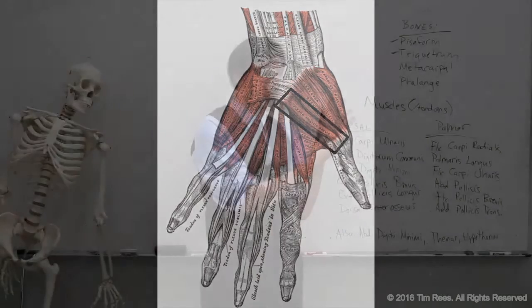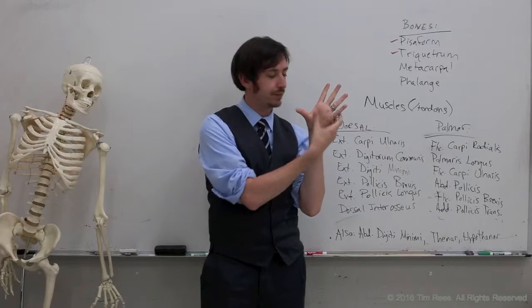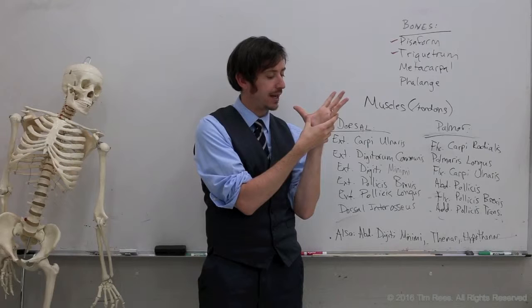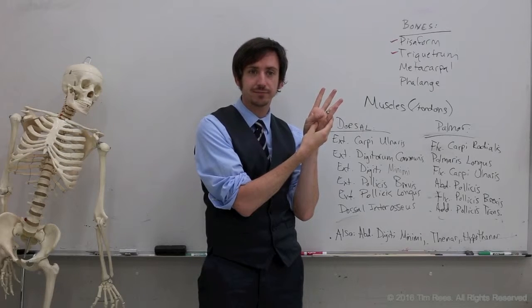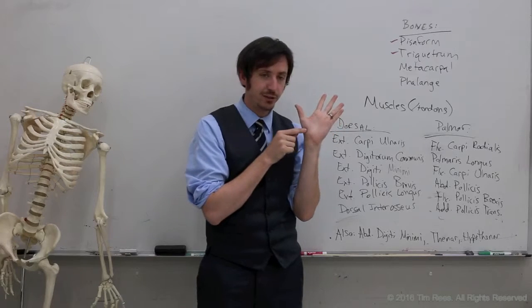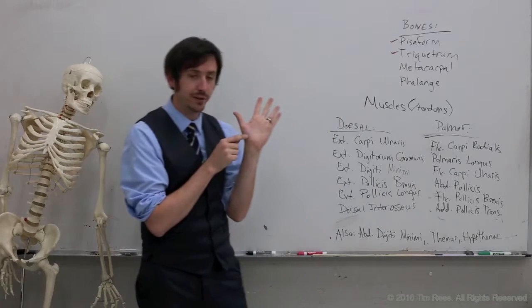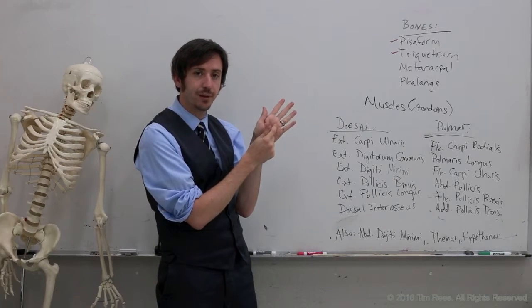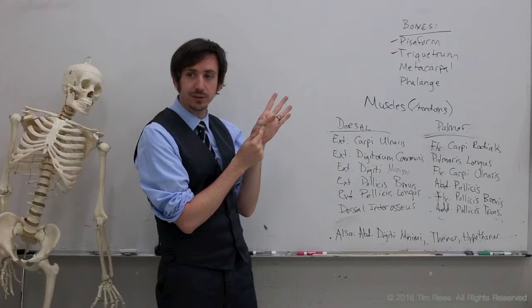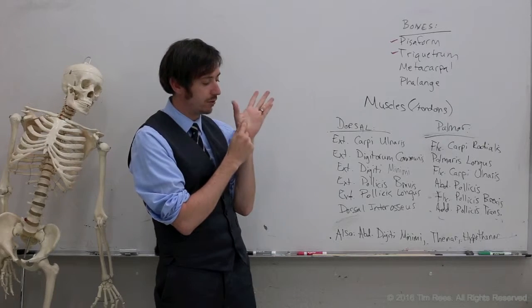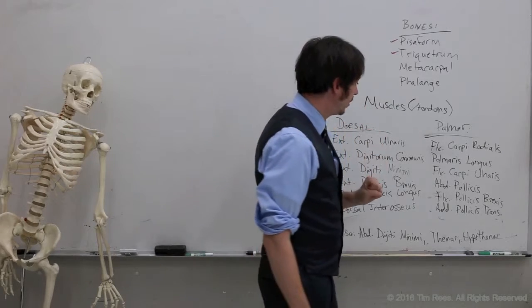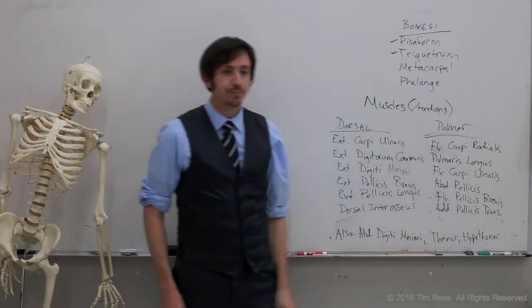So we have abduction, abducts away. Adduction, adds towards the hand. And flexion, flexes. So abductor pollicis on the outside, adductor pollicis transversus on the inside, and flexor pollicis brevis in the middle of the two. That'll cover everything in the thenar.